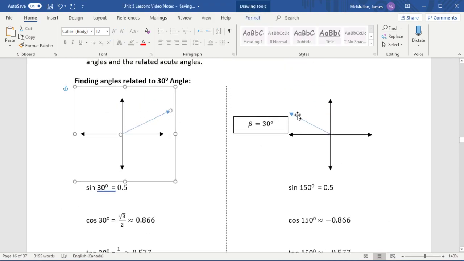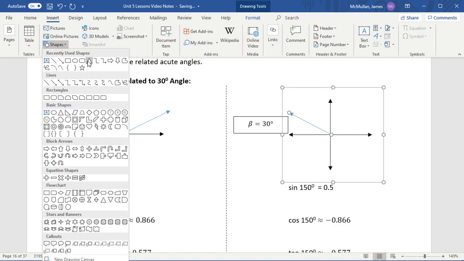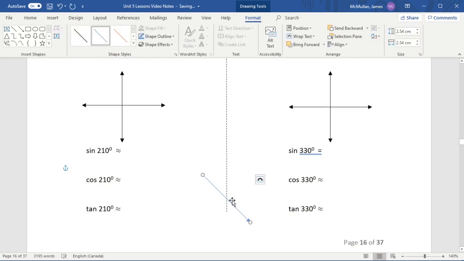Let's take our little blue, I guess I'll just draw another one. 210, right? Let's think, how do I draw 210? So I start at 0, and I start going counterclockwise. Here's 90. Here's 180. To get from 180 to 210, I need 30 more. So I go down there.